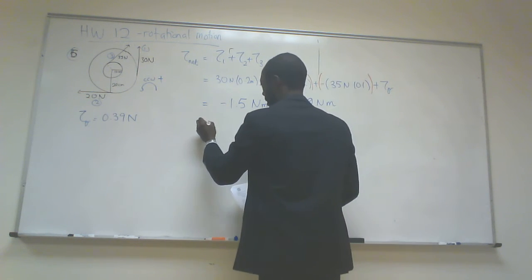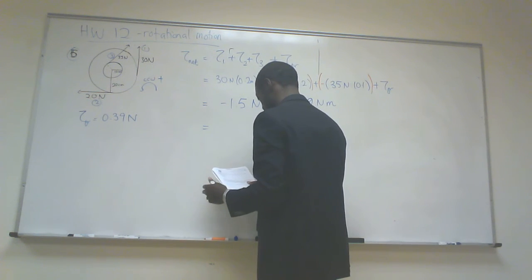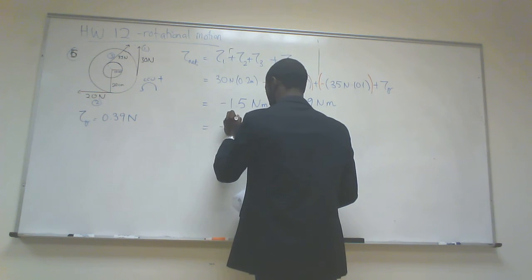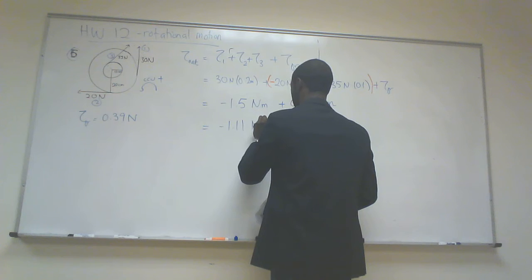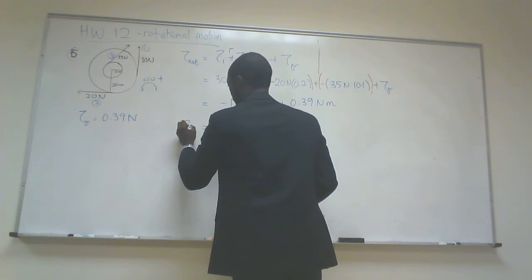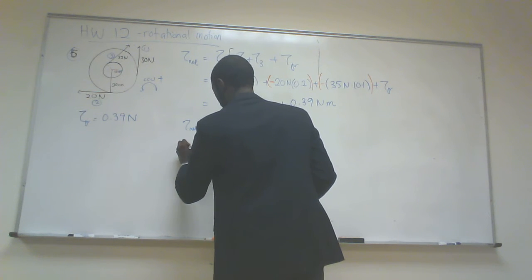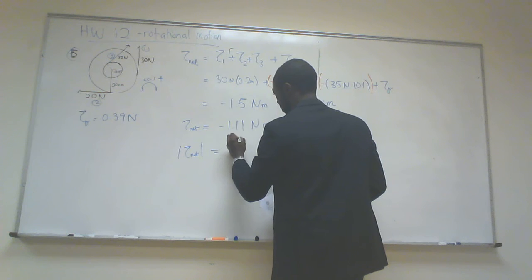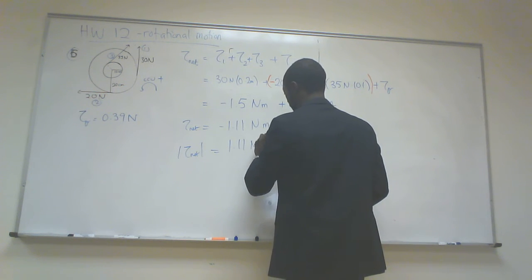And so we end up with a net torque on this system being minus 1.11 Newton meters. All right, so in the first part of the problem, we actually find the magnitude of tau net. So that would just be the positive value, 1.11 Newton meters.